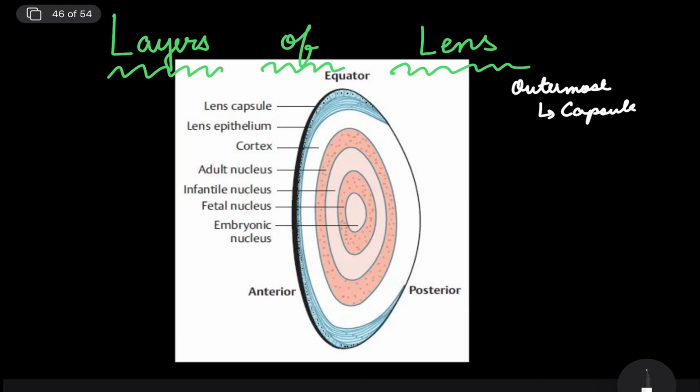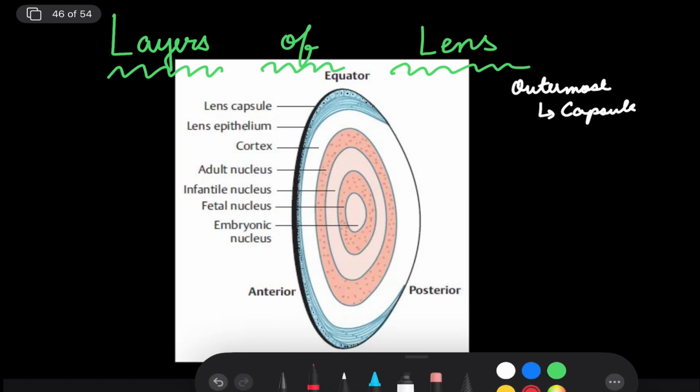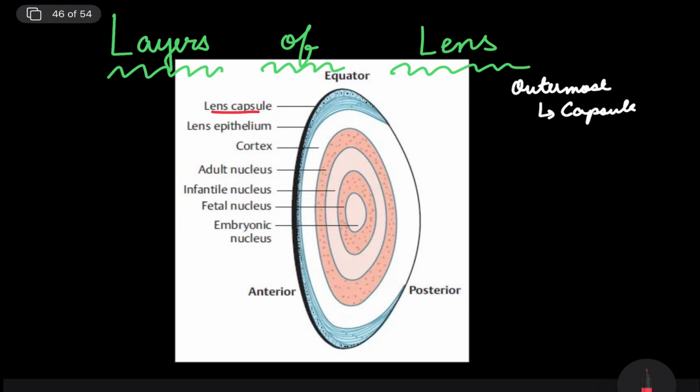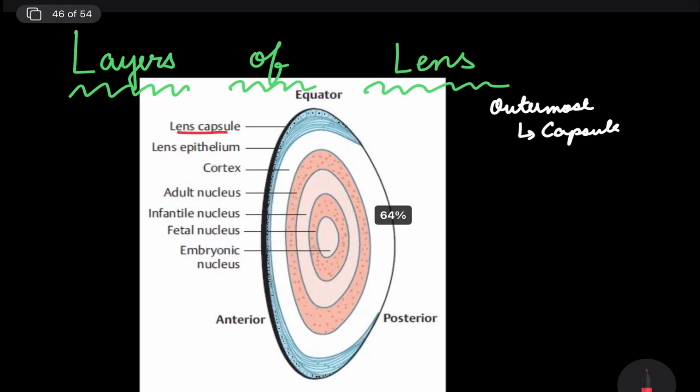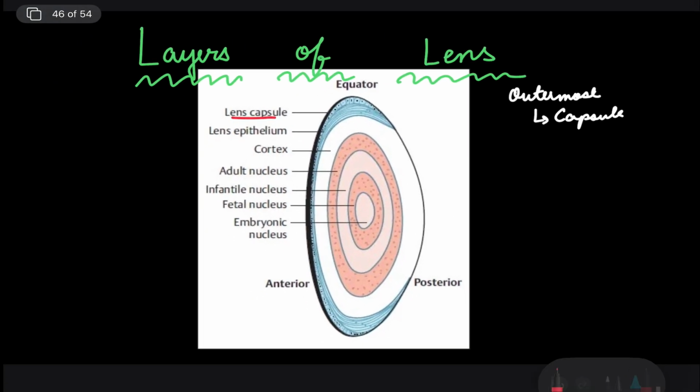Let's name the layers. Over here, as you can see, this entire black lining around the lens, this is the capsule. Now, capsule is a structure, or rather a layer of the lens, which is surprisingly continuous throughout the lens.